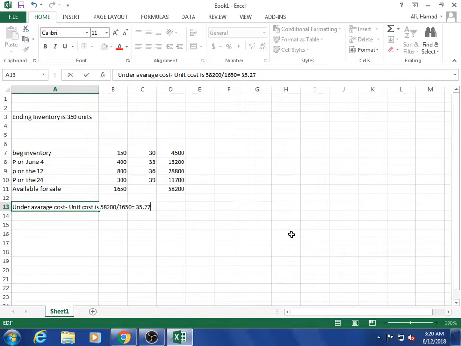So how many units do we have in ending inventory? 350, correct?